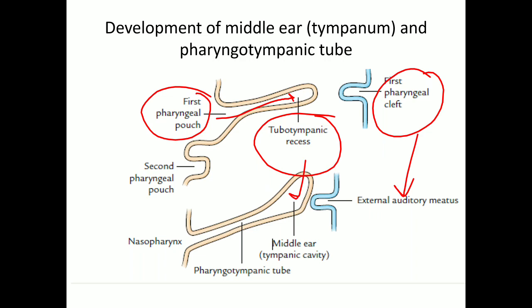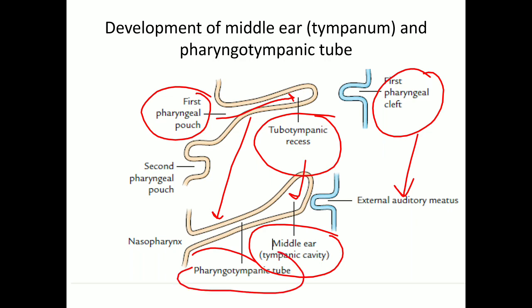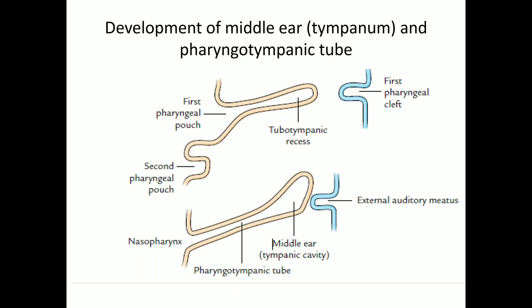The distal dilated part will form the tympanic cavity, and the proximal narrow part will form the Eustachian tube. So the tubotympanic recess is formed by the first pharyngeal pouch, the distal dilated part forms the tympanic cavity, and the pharyngotympanic tube or Eustachian tube is formed by the narrow proximal part.